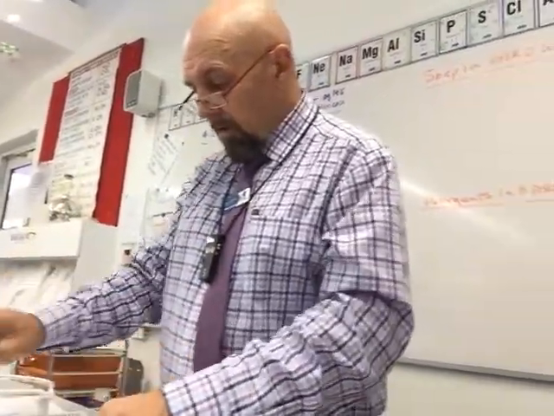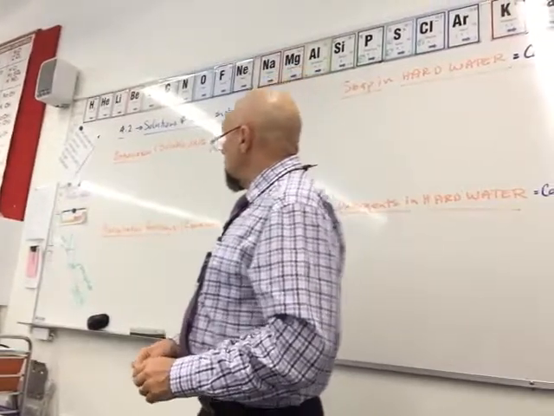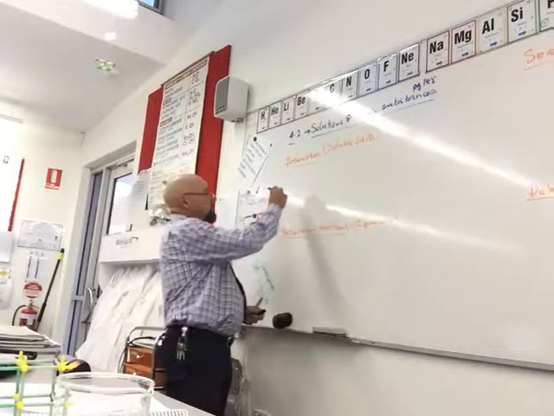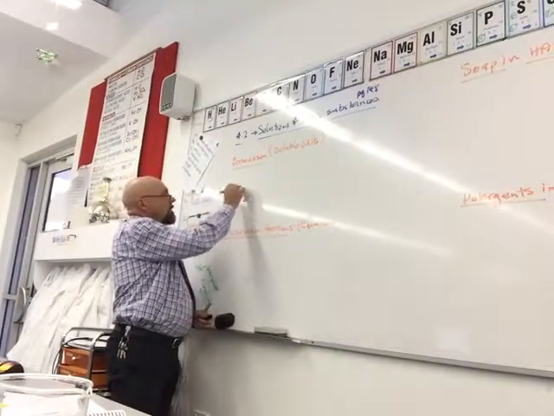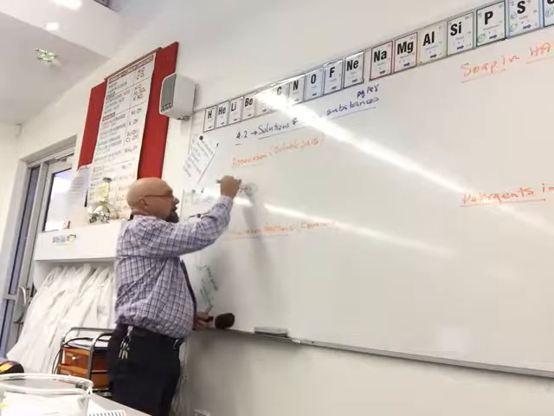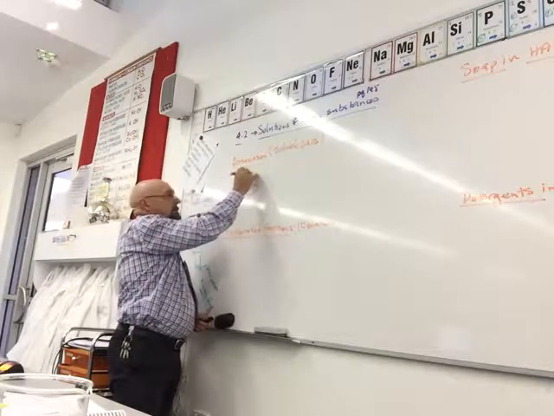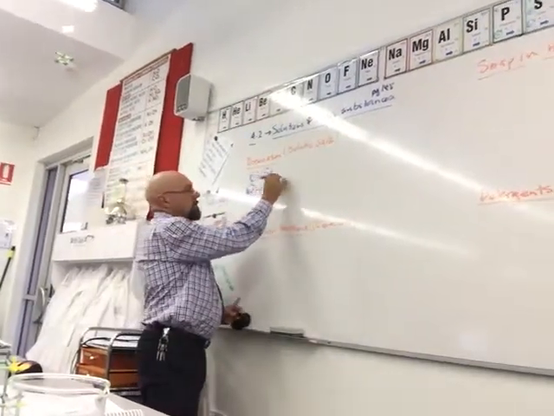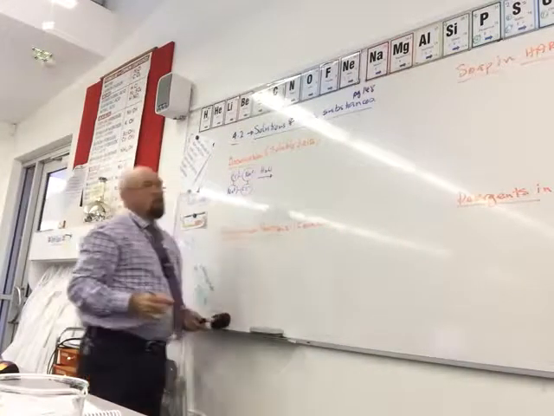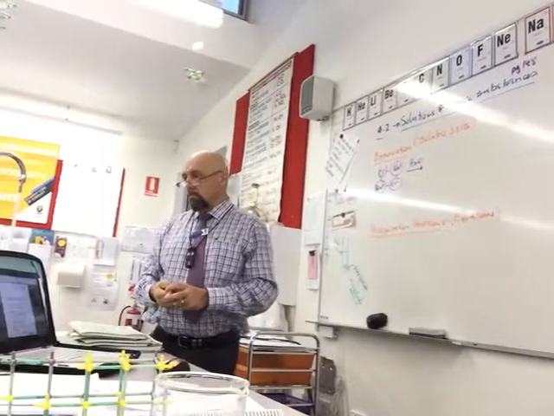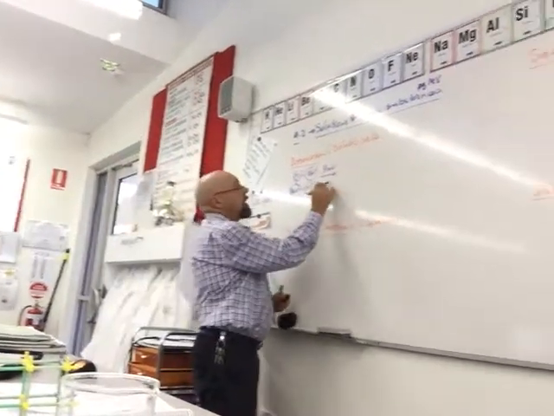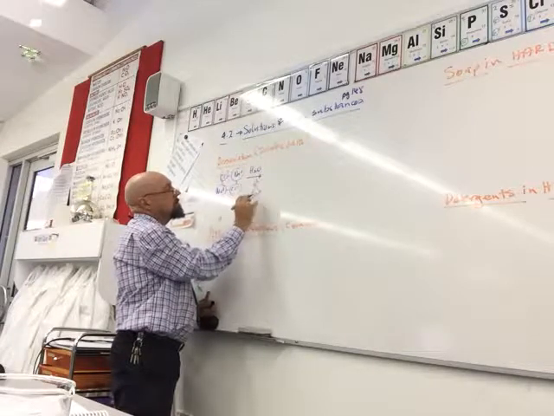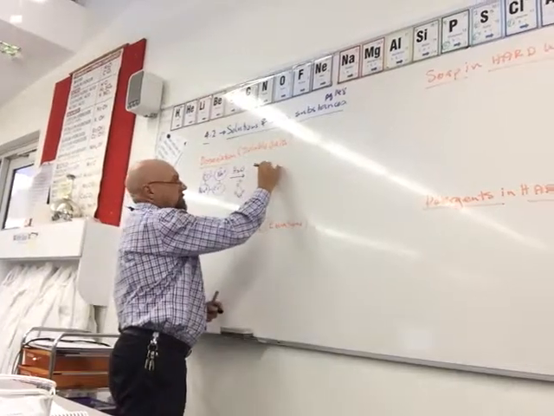Now, in your books, there's a really good diagram, and I had it on the board last week. In terms of dissociation, it would look something like this. If I were to look at a sodium ion that would have been connected to a chloride ion in an ionic lattice, and we know that that lattice continues, and I add water to that, we all have to understand that it's soluble, and the water being a polar solvent, we'll do it as negative and positive delta, we'll eventually end up with this scenario.